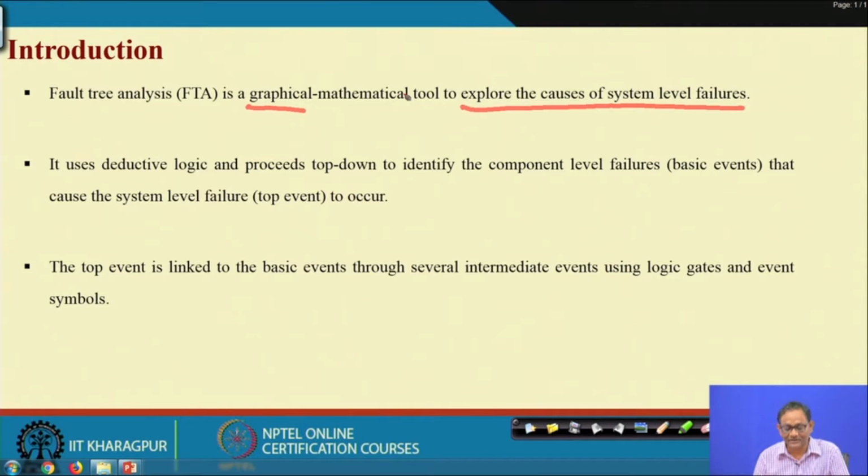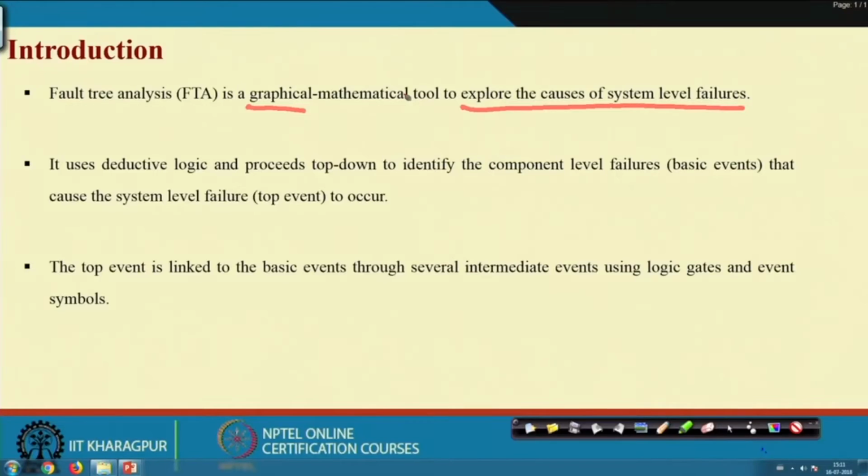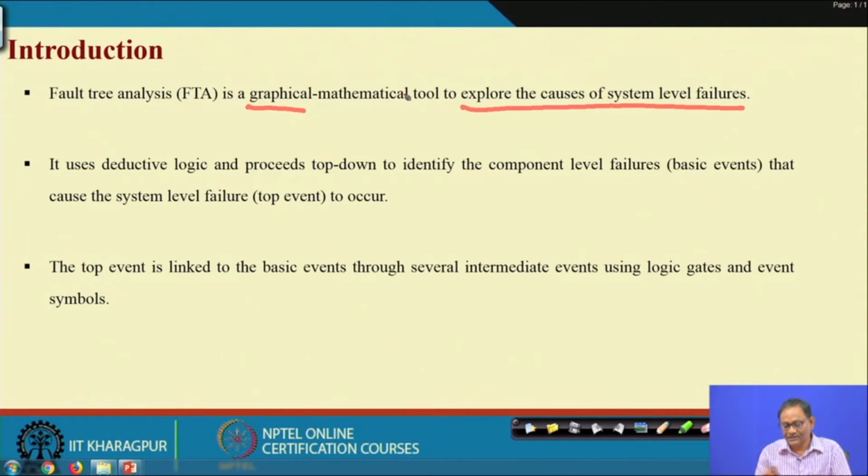Here the mathematics means the probability of the event occurring. It may be the top level event, the intermediate level event or the basic bottom level event. So on one hand it is graphical, on the other hand it is mathematical, because this graphical tree structure can be mathematically represented.